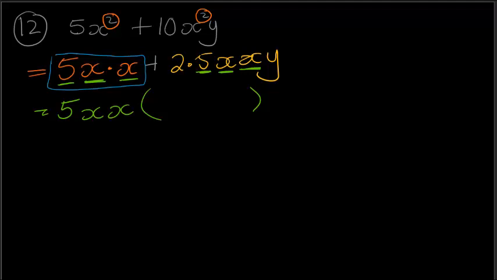So what I'm going to say is 5x squared multiplied by what equals 5x squared? The obvious answer is 1. 5x squared times 1 equals 5x squared. So I'm going to replace the blue bracket with a 1. Then I bring down my plus sign. And over here I have 2 and y. And that's my final answer.